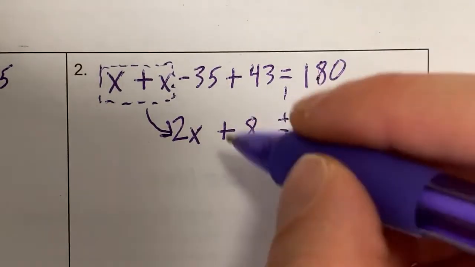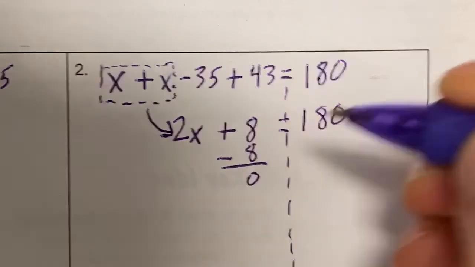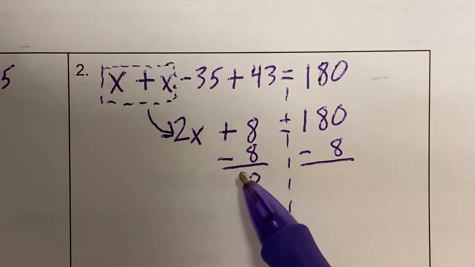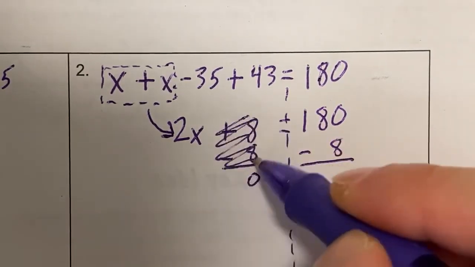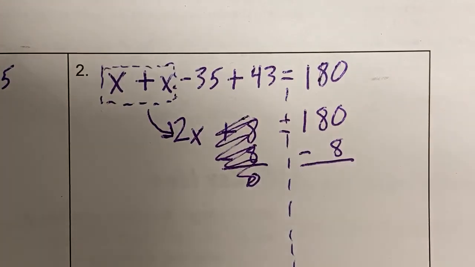From here, it's just a normal equation where you're trying to isolate the variable. Turn that into 0. Whatever I do to this side, I do to this side.